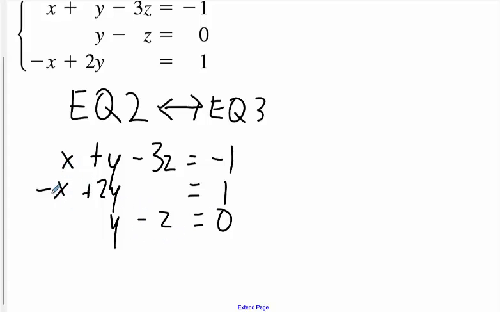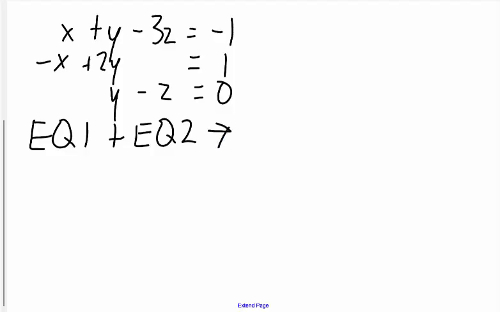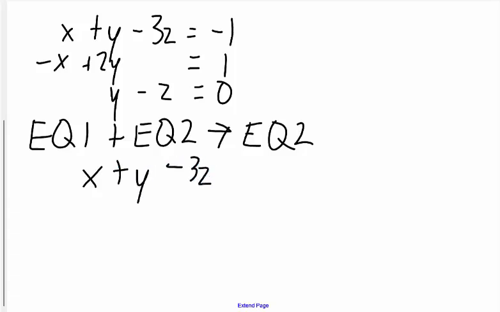Now let's get rid of the negative x here. Well, that's pretty simple. All we have to do to get rid of that is add. We don't have to do any multiplying, so let's do that. So we just say equation 1 plus equation 2, and we're going to replace equation 2. So equation 1 is x plus y minus 3z equals negative 1. We add these two, the x's cancel, y and 2y becomes 3y.